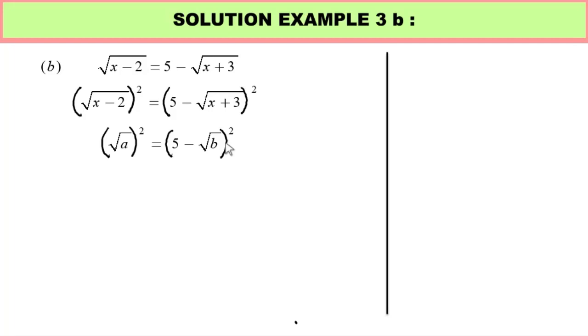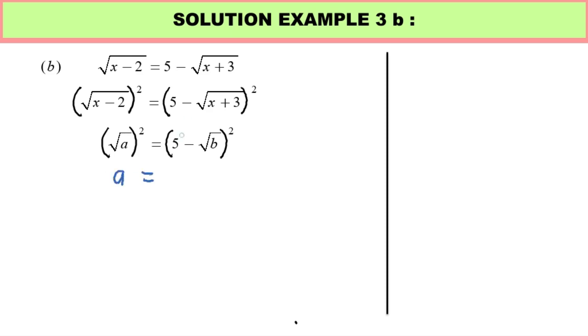In example 3b, we have 2 surds in one equation. What we will do if we have 2 surds is put 1 surd at one side, then square both sides to eliminate the surd. But wait, to make things easy, let's replace x minus 2 with a and x plus 3 with b. So proceed with squaring both sides to eliminate the surd on the left.